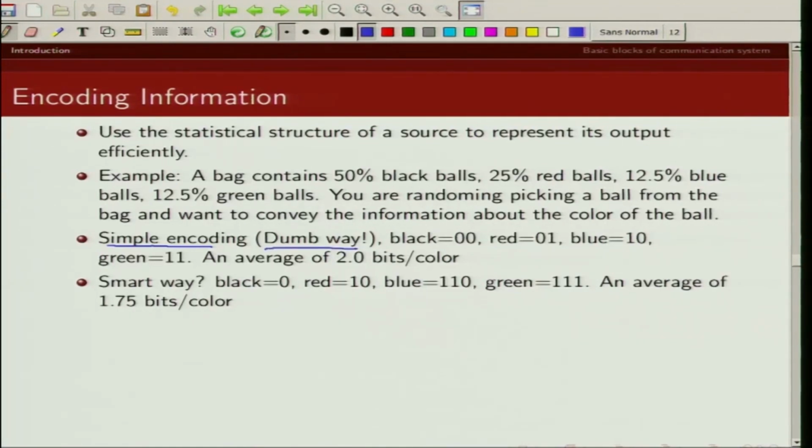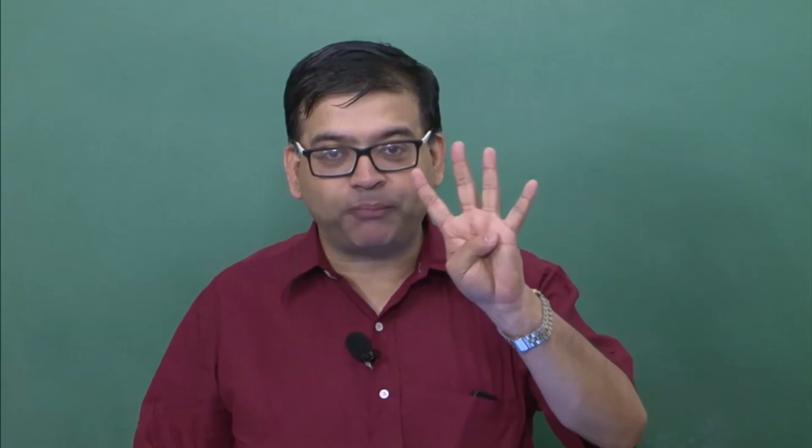A simple encoding would be as follows. Now how many different colors of balls do you have? You have black ball, red ball, blue ball and green ball. So you have 4 different types of balls. So a very simple encoding could be, I would use 2 bits to represent the color of the ball, because I have 4 possibilities.